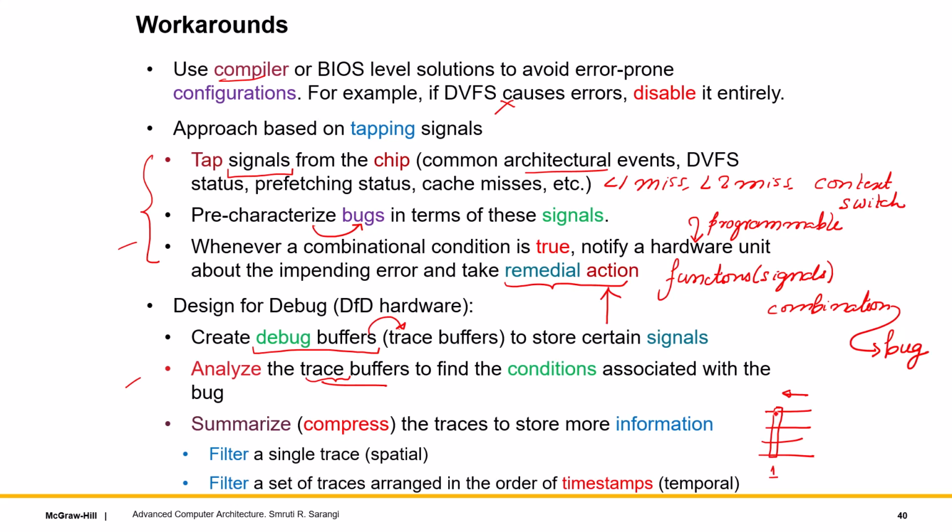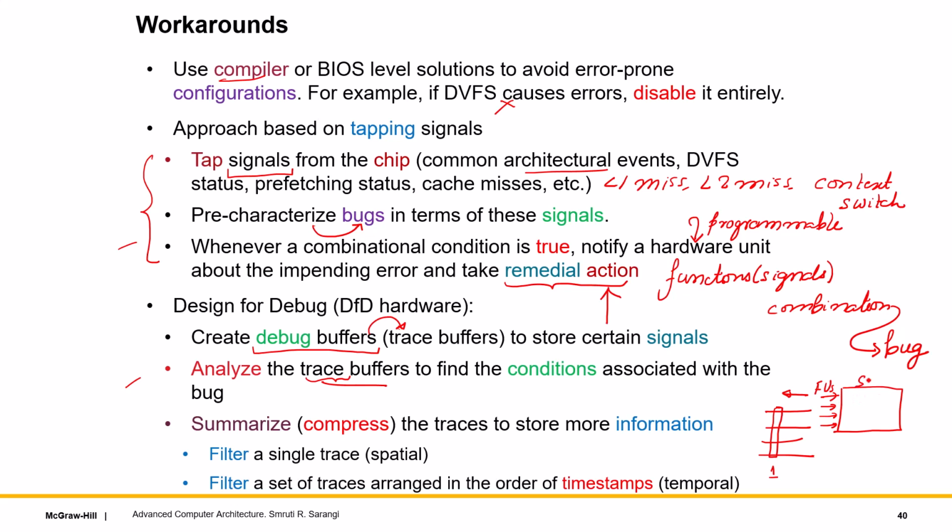So regardless of however we do it, we can do this row wise, where a row would be the signals for, let's say, one core. Or we could do it column wise, which would be the same signal across cores. Let's say L1 miss across cores, or L2 miss across cores. So it doesn't matter. In any case, we want to create a matrix where the rows are all the functional units, or you can call them cores or whatever can generate a signal.